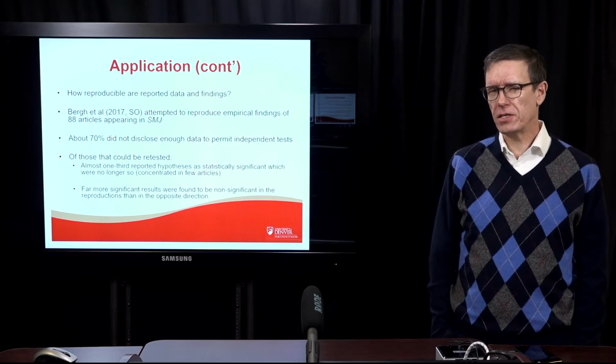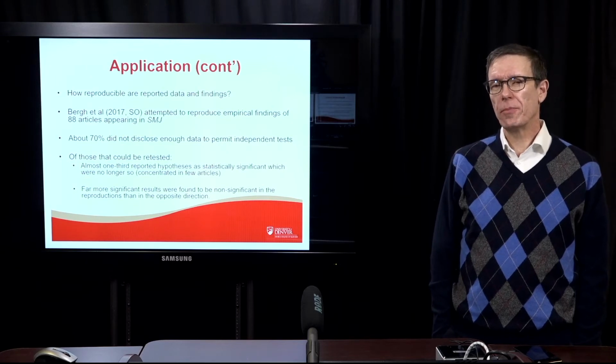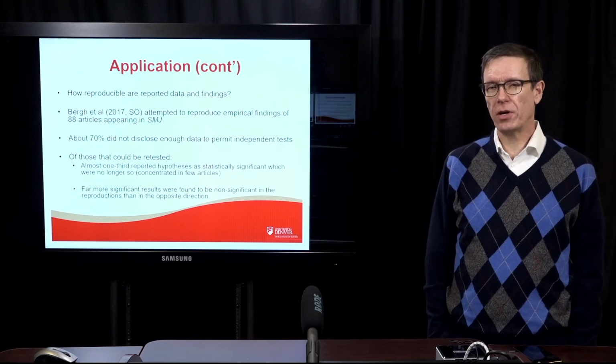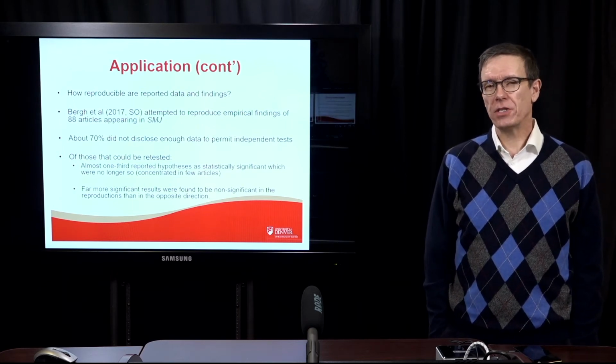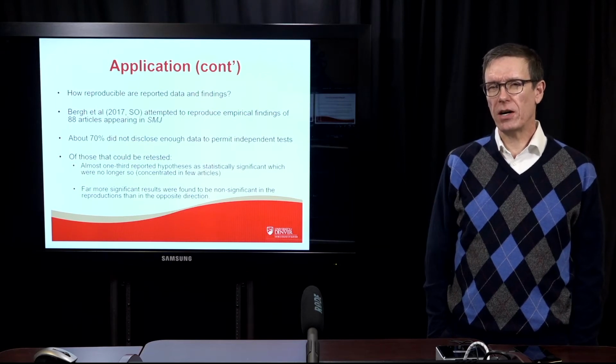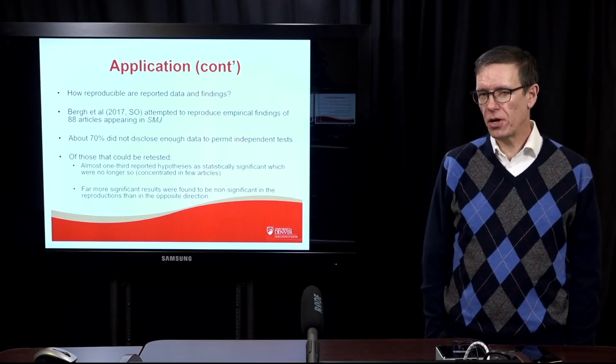As we think about this second application, what we conclude is most SMJ articles could not be reproduced because they didn't report enough data. Of those that could be reproduced, we were able to get about 2/3 of them to come out just fine. About 1/3 of them had problems with their hypotheses. We're unable to reproduce those.